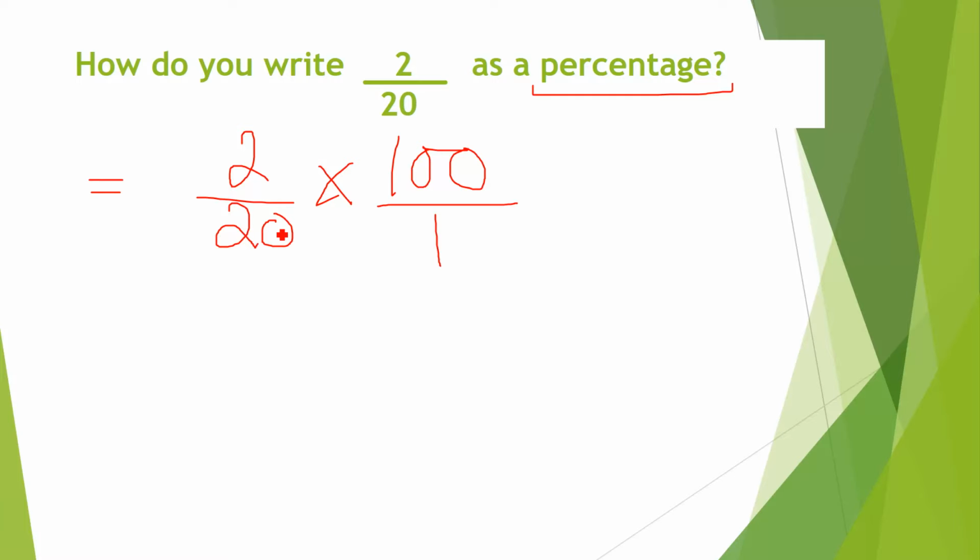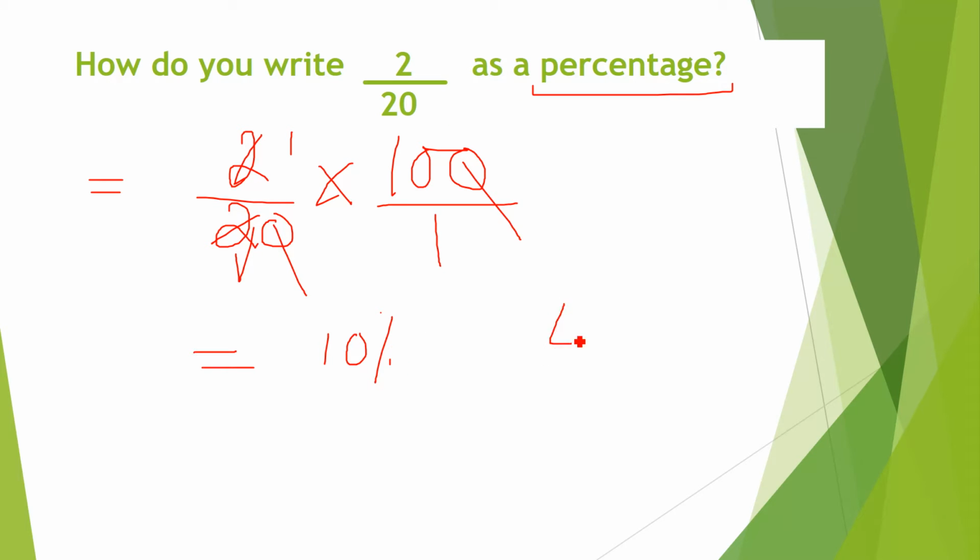So how will you simplify it? Cross out this 0 with this 0, 2 1 times 2, 2 1 times 2. What is remaining in the numerator? Only 10. There is nothing in the denominator, only 1, that is fine. So 10%. How do you write 2 over 20 as a percentage? This is 10%.